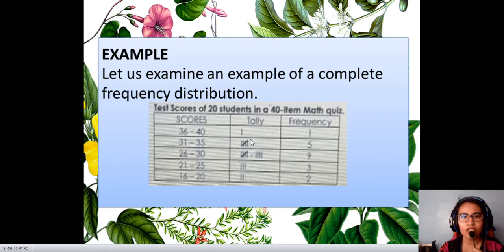This is the slash that will serve as the fifth one. 26 to 30, you have 9 sticks. Don't forget to write the slash also after every 5 sticks that you have. 21 to 25, we have 3 sticks. 16 to 20 is 2 sticks. Then for the frequency, again, write it as a number itself. So we have 5, 1, 5, 9, 3, and 2 for the frequencies.